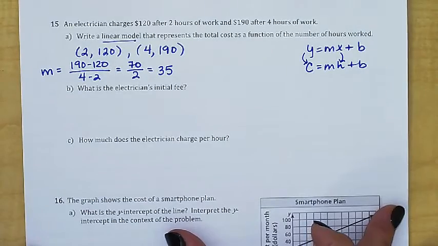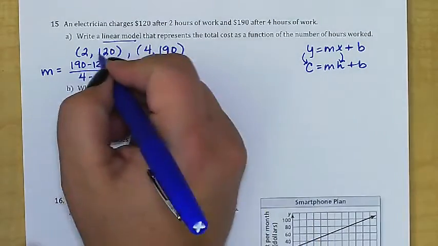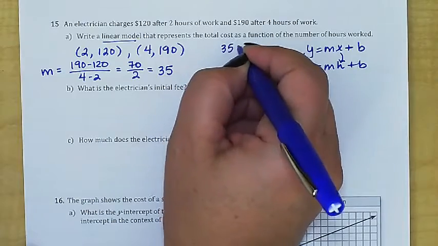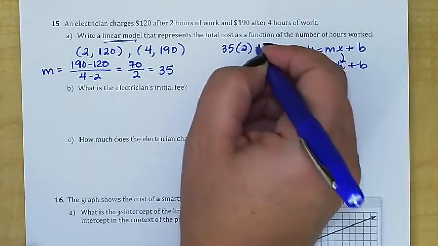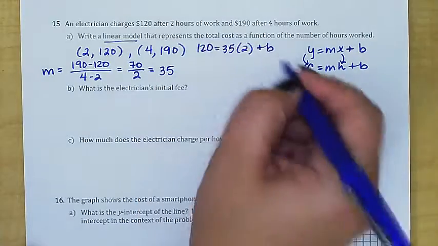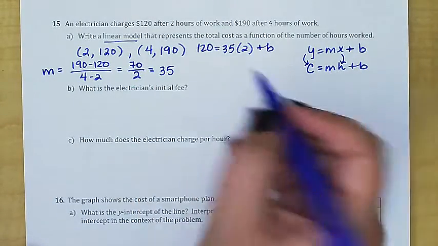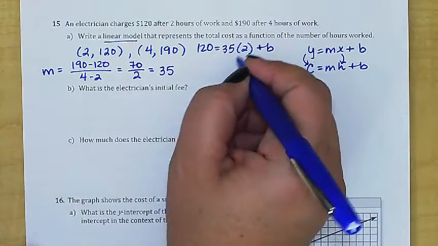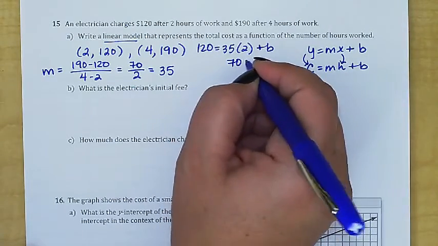And then let's talk about the y-intercept, right? So how do we find that? Well, we can borrow one of those points and say, all right, I know it's $35 an hour, and I know when they did 2 hours worth of work, the total was $120. So let's find out what b is, what that y-intercept is. So we borrow a point and the slope we just found, and we calculate b. So if I simplify that, that's 70.